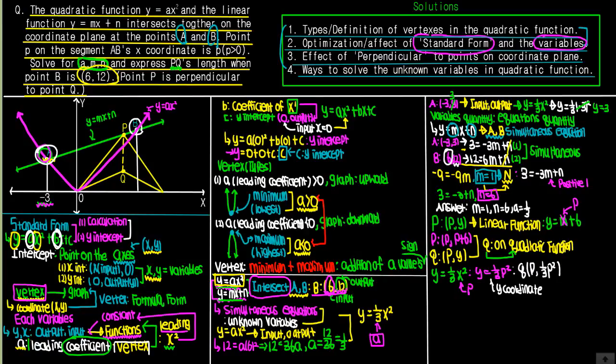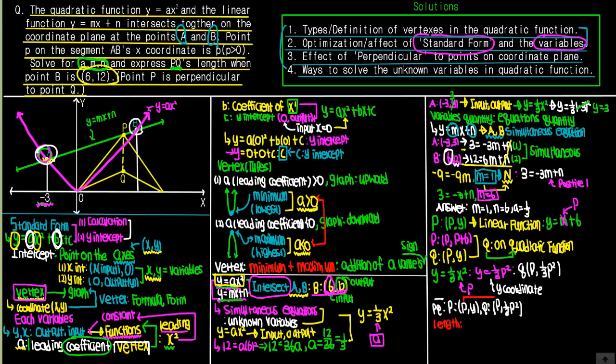So the segment QP, or the PQ according to the question, we know that point P is p, comma, p plus 6. And our point Q is p, comma, 1 over 3 p squared. And as we have talked about in lots of videos, the length between the points will be the difference between the points.